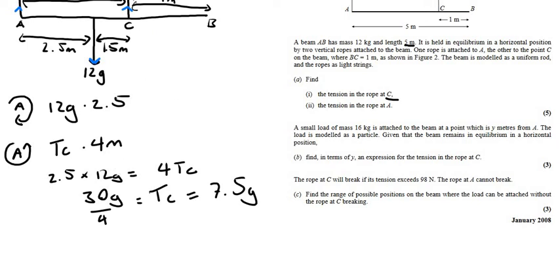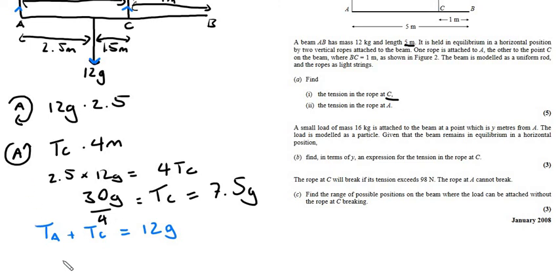Now we have the tension at C. We could say that TA plus TC is going to be equal to 12G.